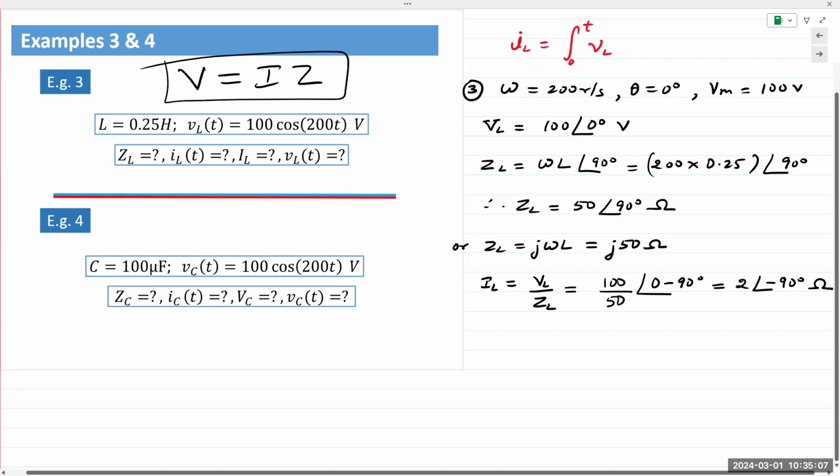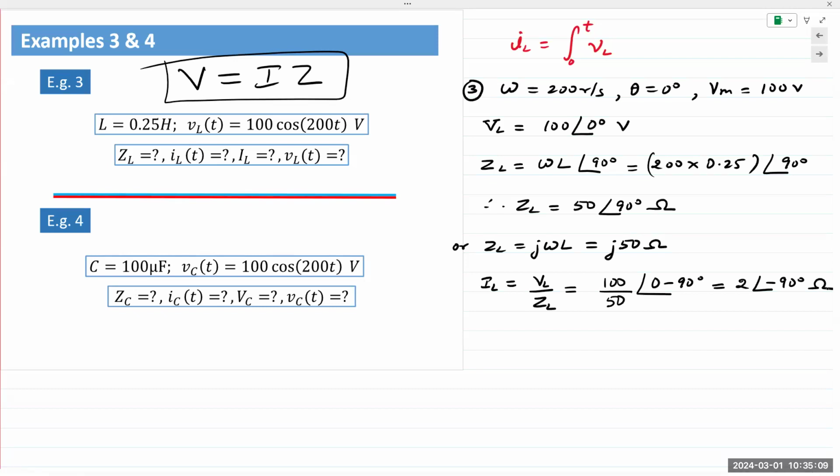In rectangular coordinates, current would be, see, 2 minus 90, so pointing down. Final answer is i of t. So you perform an inverse transform. So IL of t would simply become 2 cos of 200t minus 90 degrees. The unit would be amps.